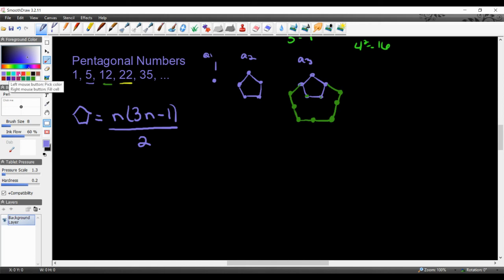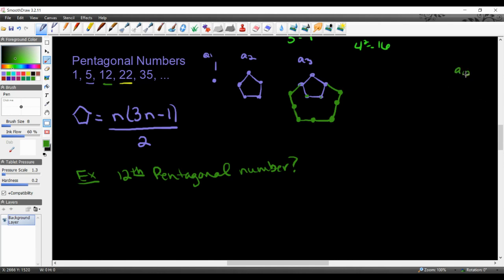So for example, I'm going to give you an example for this one. If I wanted you to find the, let's use a big number, the 12th pentagonal number, okay, well, this would take forever. We're not going to go all the way to ace of 12. No, it's too much work. So we're going to plug it in.